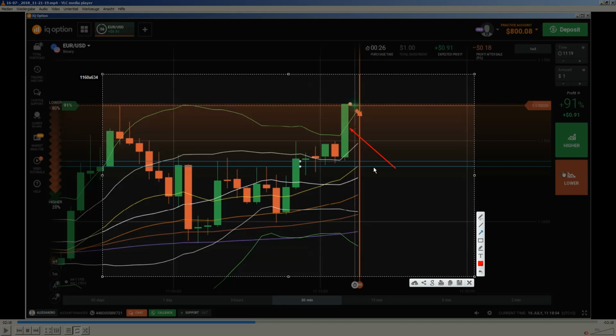If you compare this candle with the last 15 candles, you will see that this is really a big candle, and that is what exhaustion candles are about.